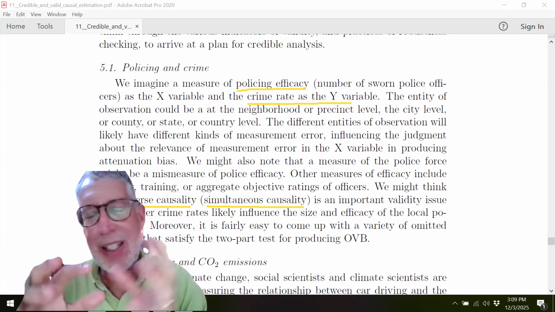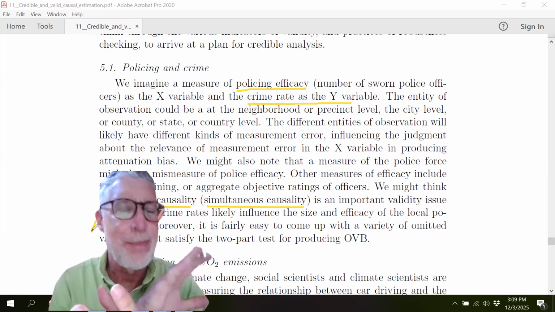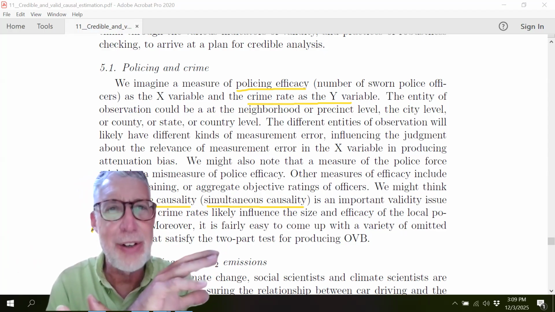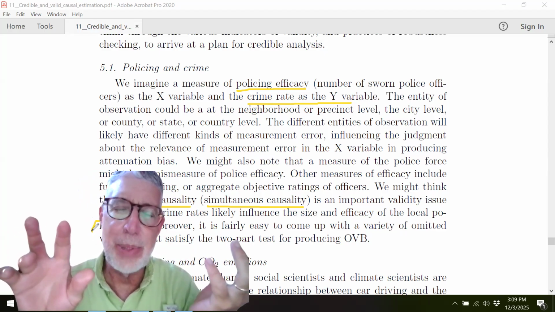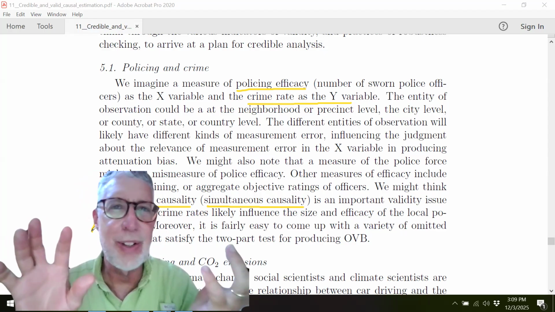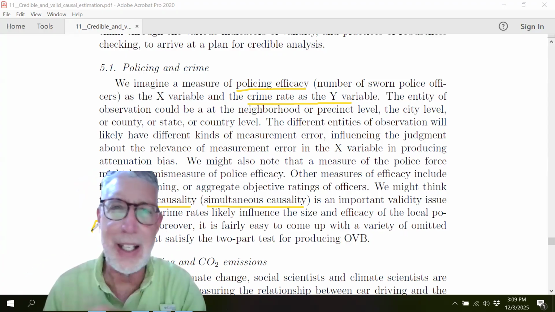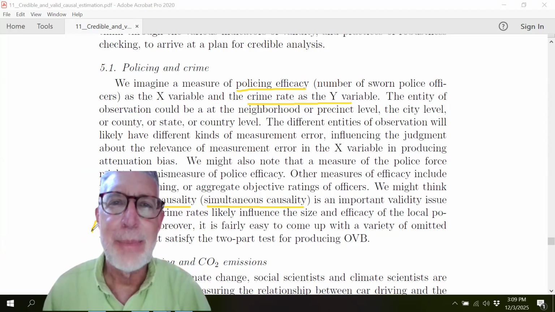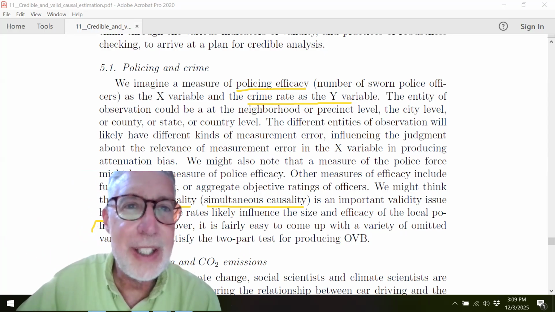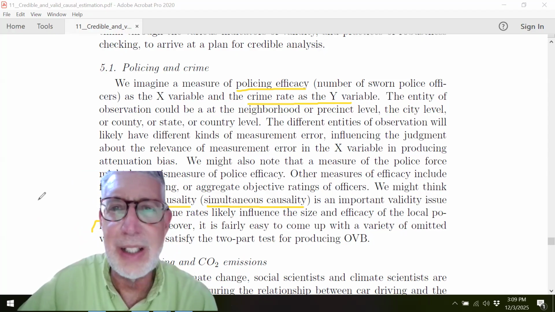So policing efficacy or the size of the police force is going to cause presumably reductions in the crime rate, but the crime rate itself causes the size of the police force or how many resources are devoted to the police force. So we have simultaneous causality or reverse causality. One variable is causing the other, and the other variable is causing the first. The causality goes both ways in this case. So that's a pretty obvious case of a validity issue that we would want to take into account.